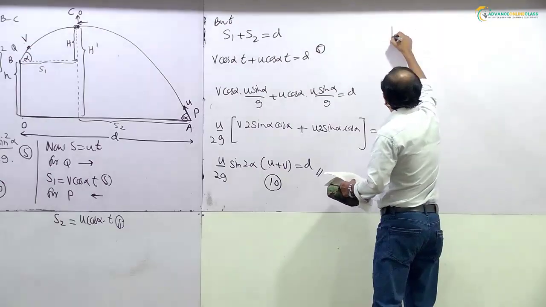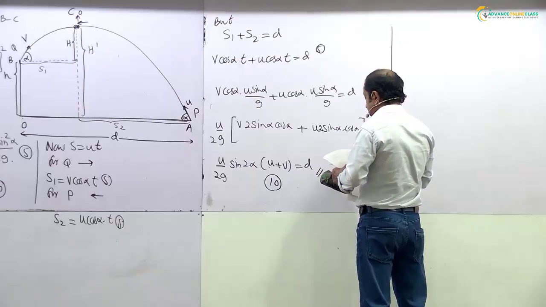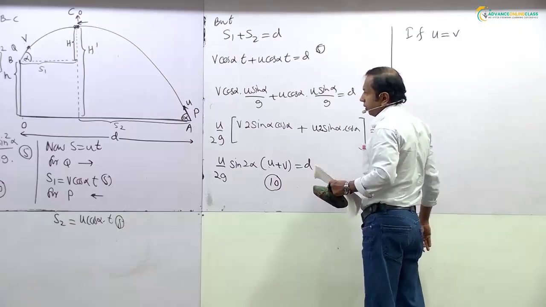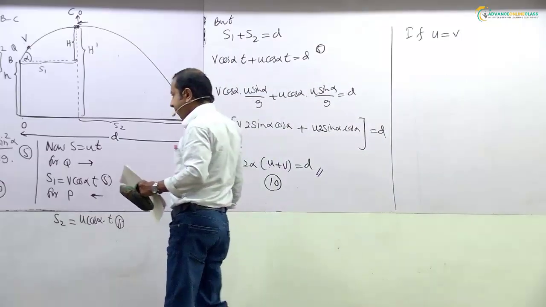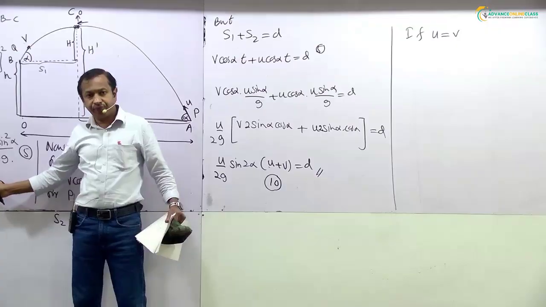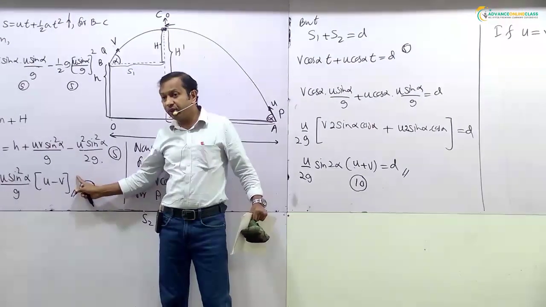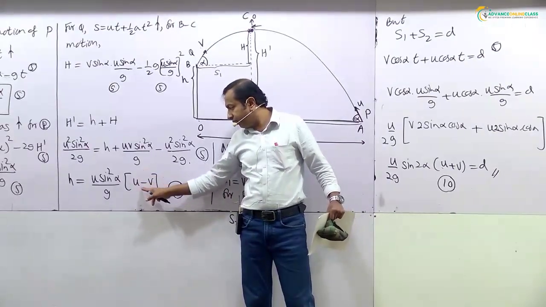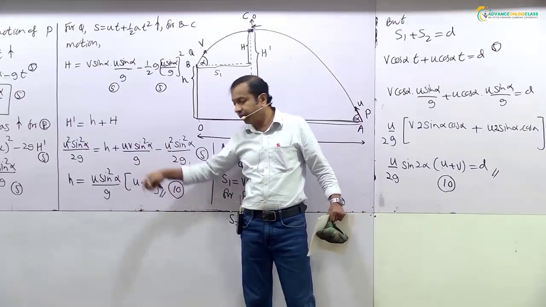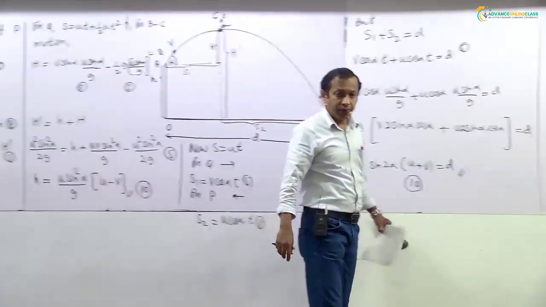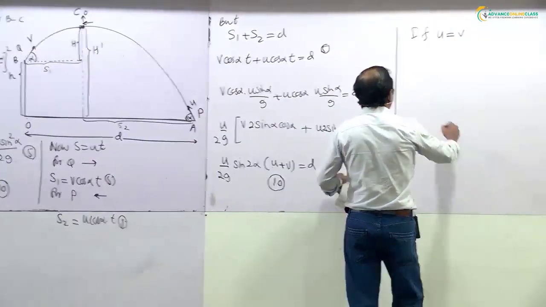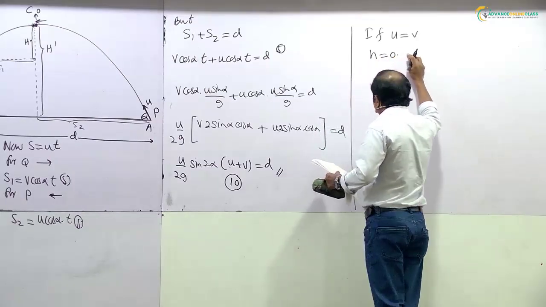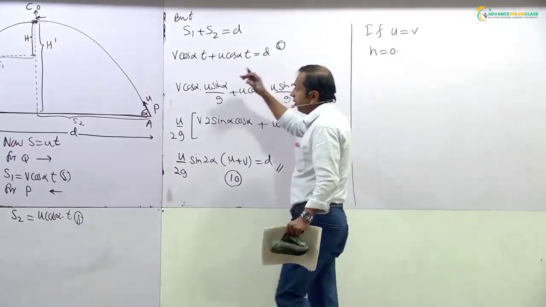You can see if U equals V, right? Here, if U equals V, you can see U and V being equal means this bracket is 0. This bracket 0 means H is 0, right? If U equals V, H equals 0, right? Okay? H equals 0 means this height is 0.